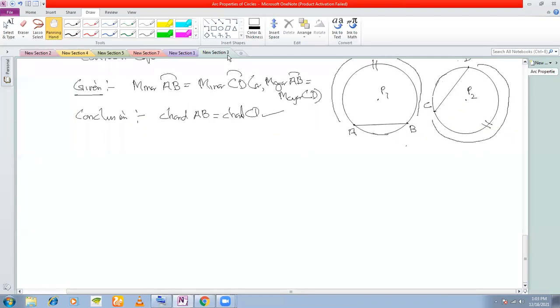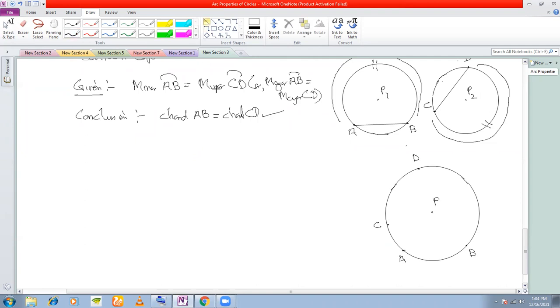This is for two circles, but what happens in case of a single circle? You have the point P, and you have the chord, you have the arc AB here, let's say, and let me take another 2 points. Let me take the points C and D here.